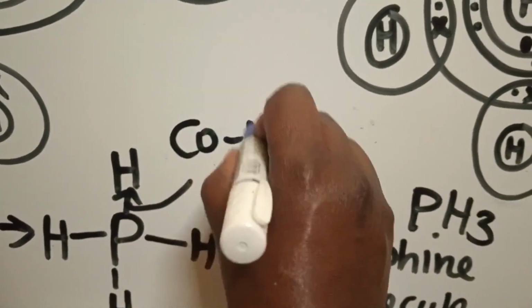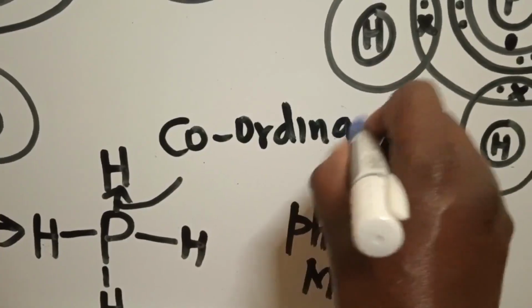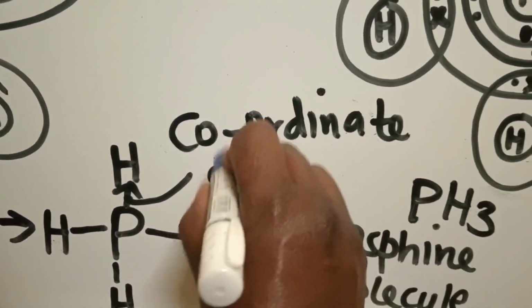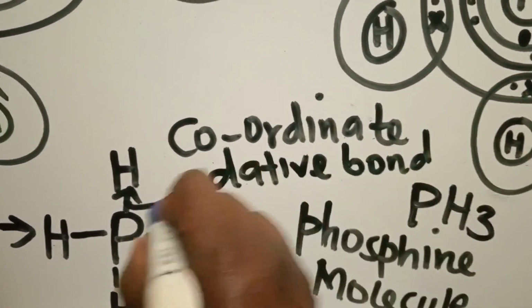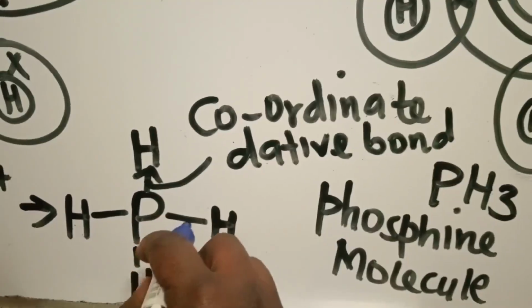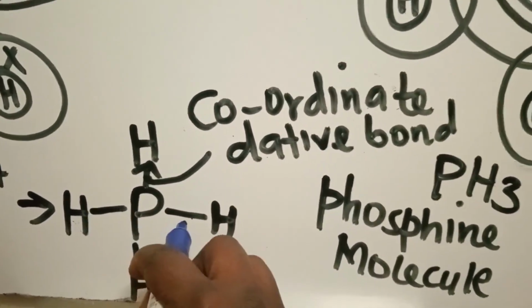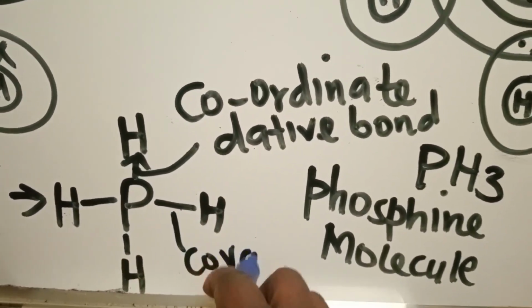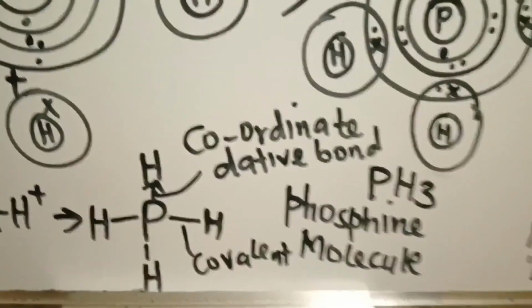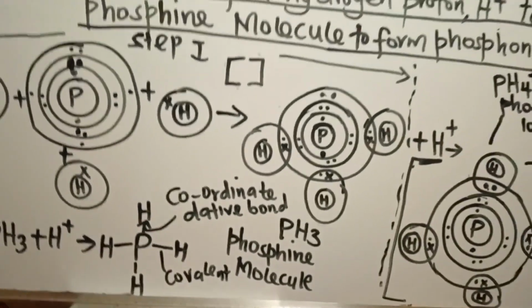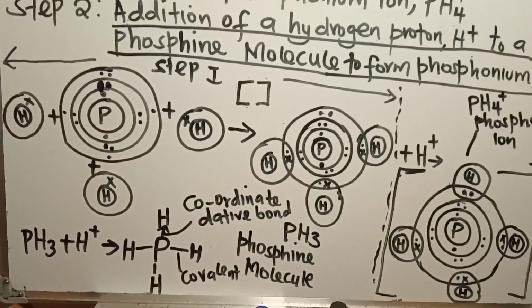A coordinate or a dative bond. So this one with an arrow. But for the rest that have a single line, they are the normal covalent bonds, where each one of them has an electron to share. So that is all what I had for today.